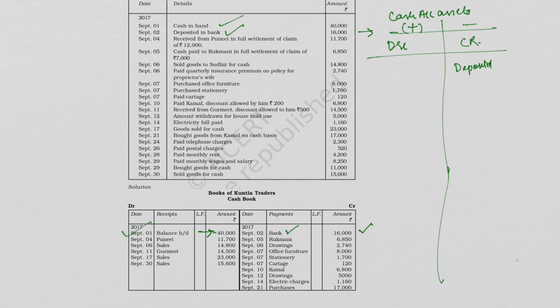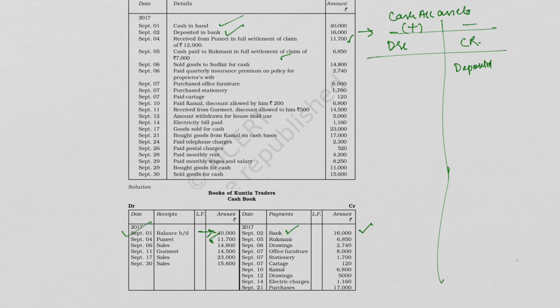Received from Puneet in full settlement of claim. We are receiving the amount, 11,700. We'll record it here because the cash is increasing, so it will be debited, to Puneet 11,700. Cash paid to Rukmani in full settlement of claim.